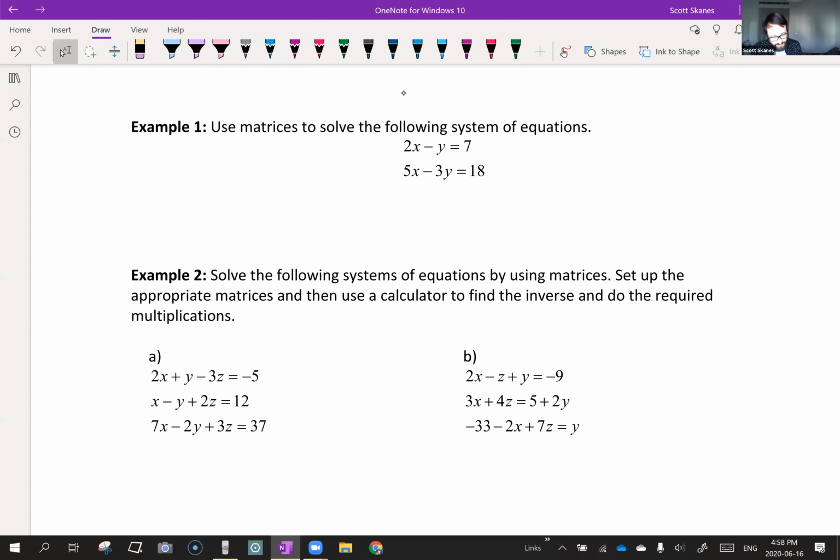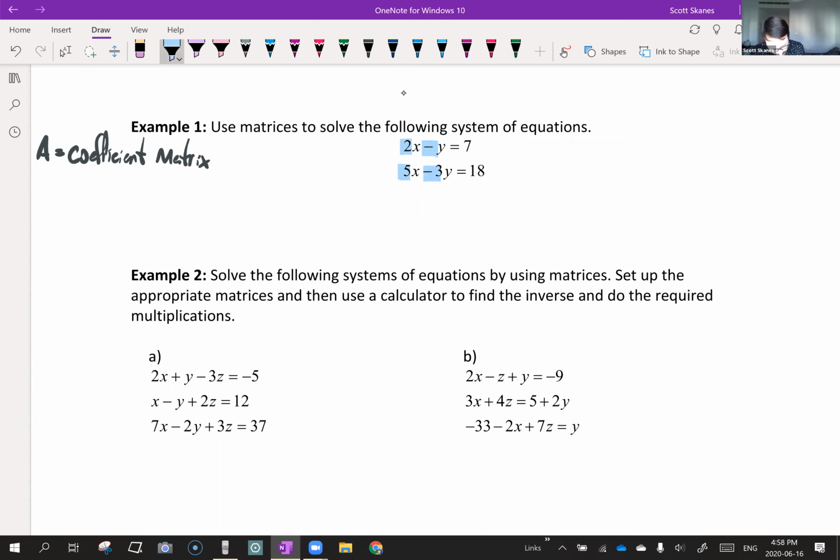You have 3 pieces. This set here, this system, the system just means more than one equation, has 3 parts. The first part is made of what's called coefficients. So we can make 3 matrices. The matrix A is what we're going to call the coefficient matrix. You don't even need to know the name, you just need to know what it is.